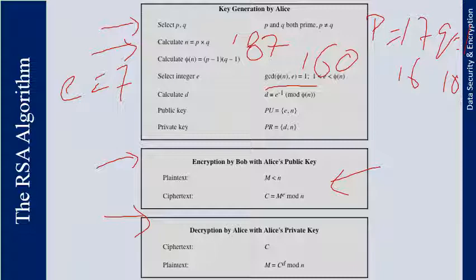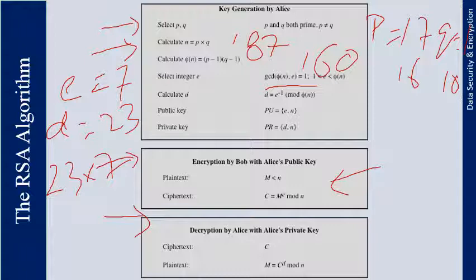The next step is to determine d such that if you multiply d with e, the result mod 160 should be 1, and d should be less than 160. The correct value for d in this example is 23, because 23 times 7 is equal to 161, which is 160 plus 1, and if you divide the result by 160, you will get the remainder 1.